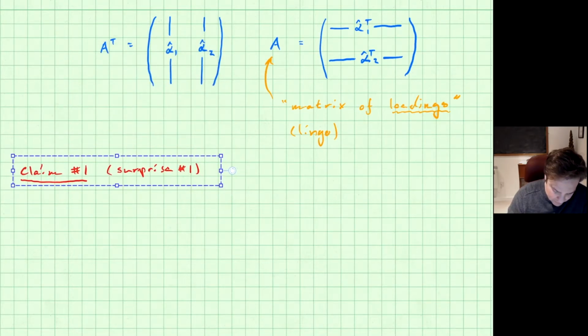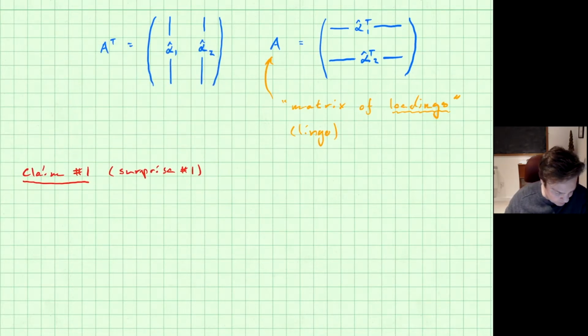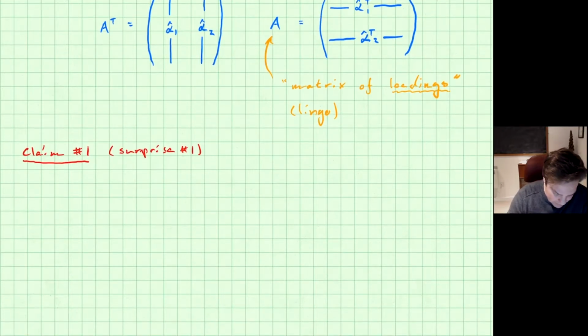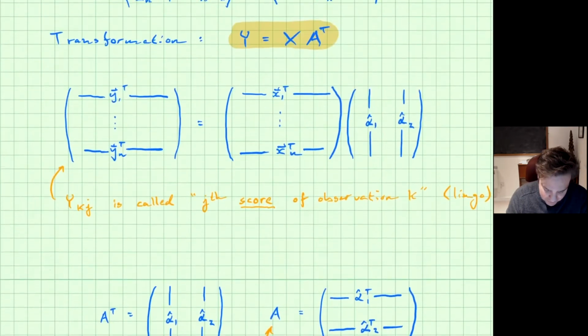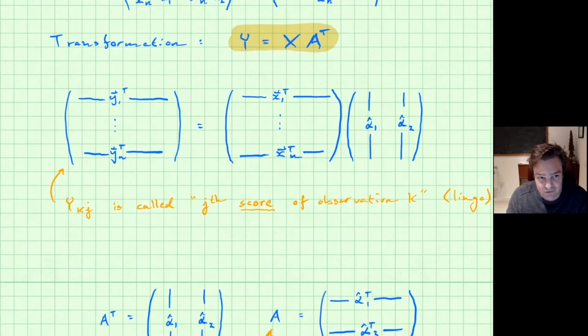Okay, and so the claim is the following, and then we'll go ahead and prove it. It's nice. If we take out the columns of the matrix Y, where the observations in Y are the rows, so I want to strip out the columns.